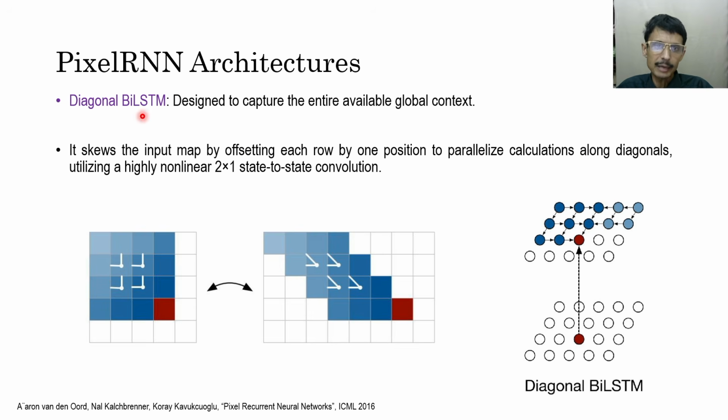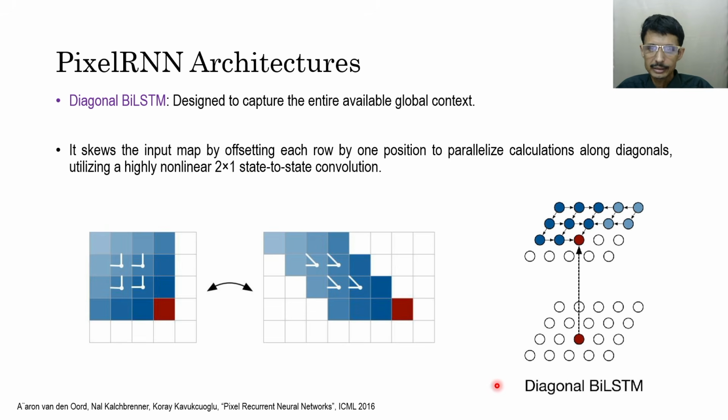Then comes the Diagonal BiLSTM, designed to capture the entire available global context. It skews the input map by offsetting each row by one position, as you can see here, and parallelizes calculation along the diagonals, utilizing a highly nonlinear 2-by-1 state-to-state combination.